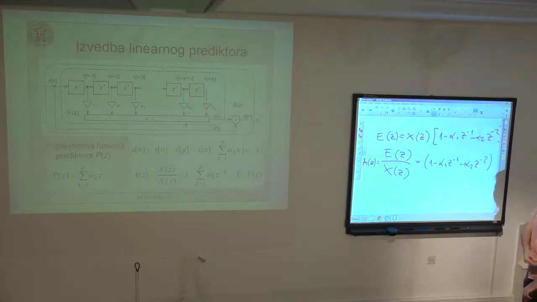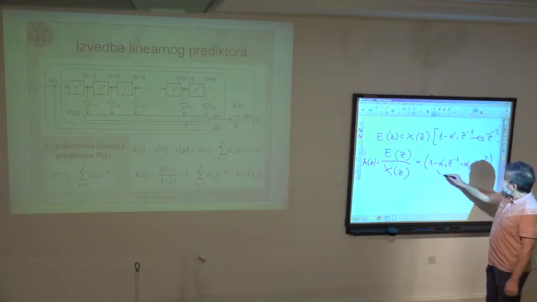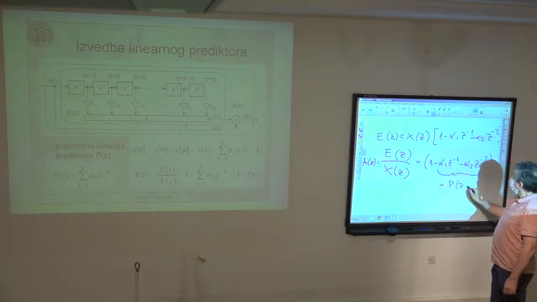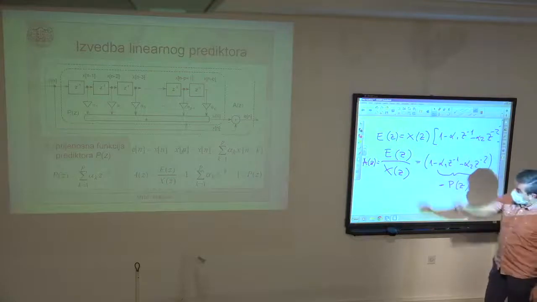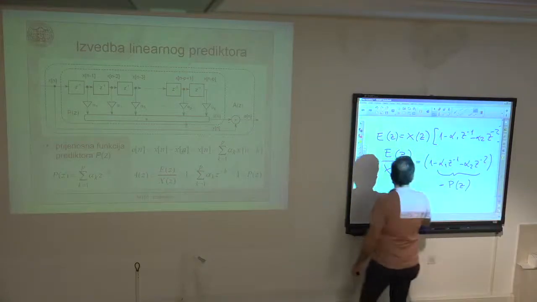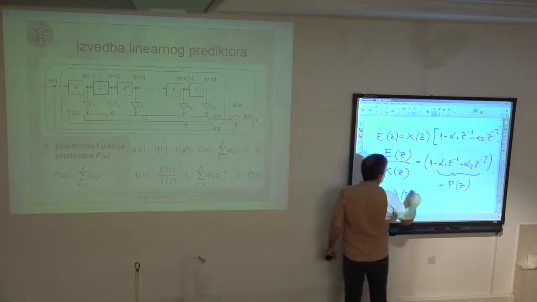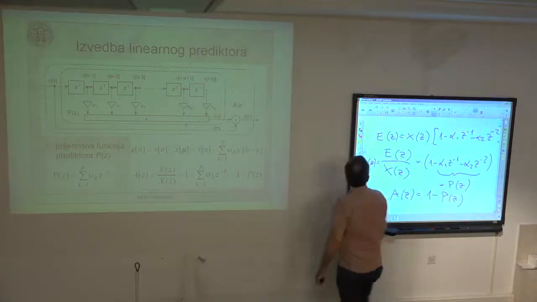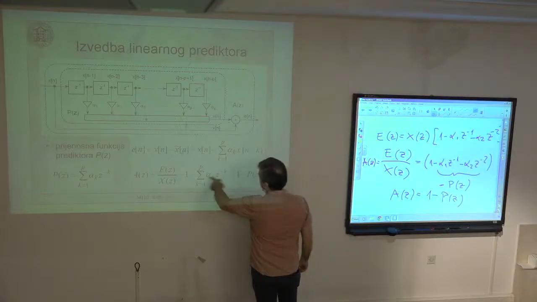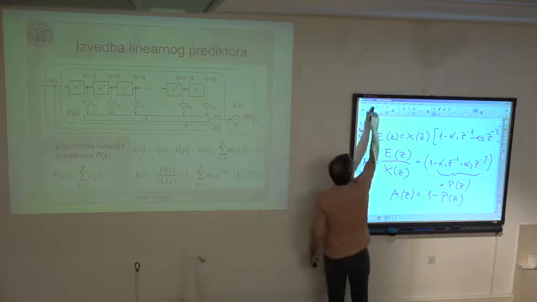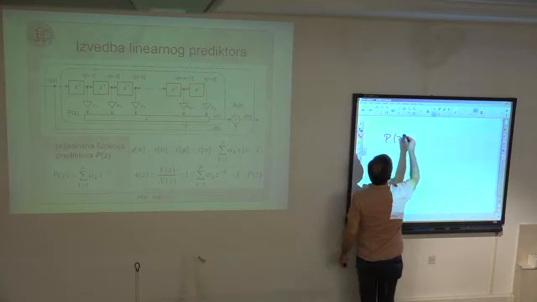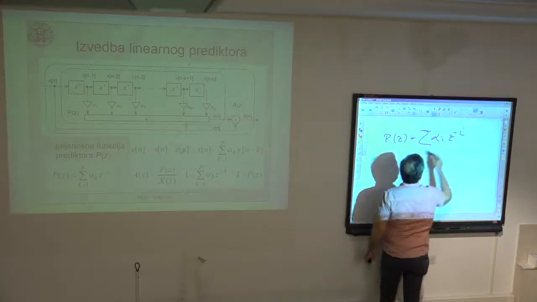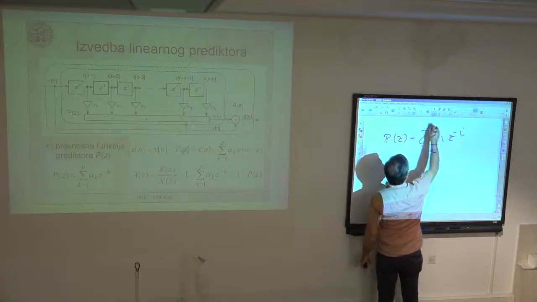Okay? And I can also write this as minus P of z. So this here is the transfer function of the predictor. So this A of z is nothing else but 1 minus P of z. So the predictor transfer function is then P of z, simply the sum of alpha i z to the minus i, i from 1 to p.